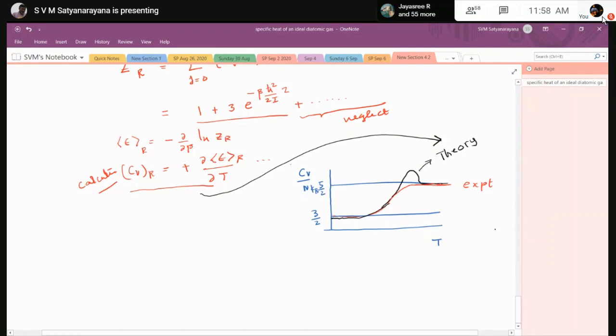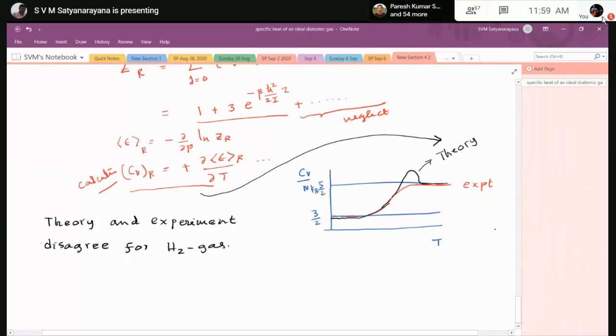And of course, I have to make this remark carefully, because theory and experiment seem to disagree for H2 gas.